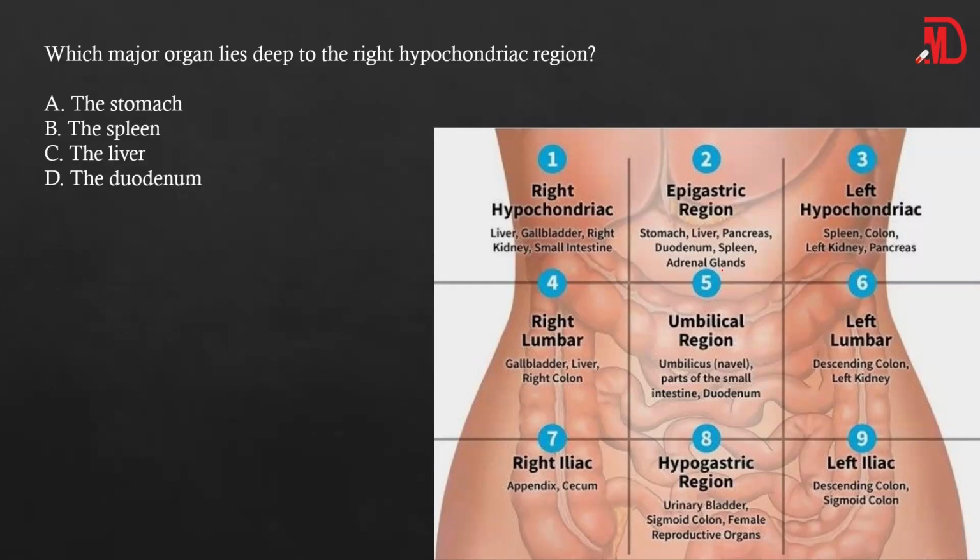It is not on the right, it's on the left. The duodenum mostly lies in the epigastric region near the midline. So again, which major organ lies deep to the right hypochondriac region? Your answer is definitely the liver. So C should be your answer.